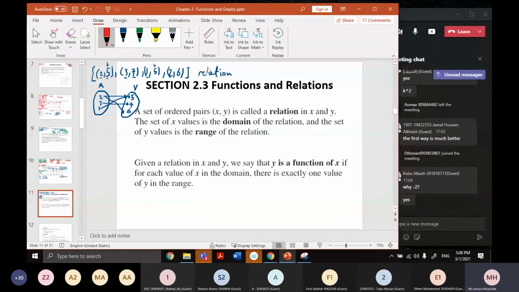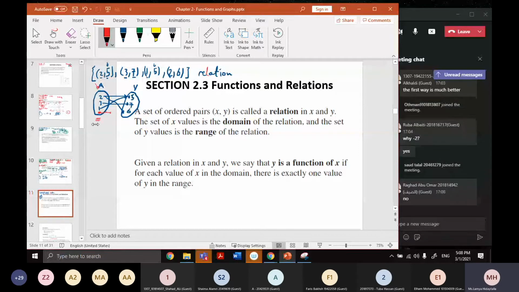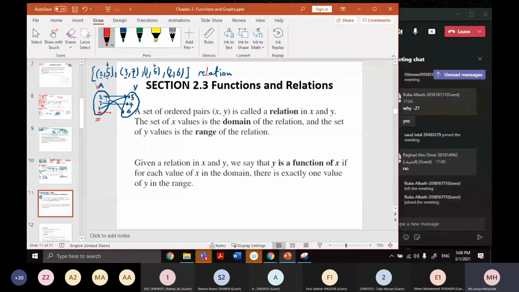Now look, be careful. First, every element here in this set A is mapped. Is there an extra element here that has no map? No, there is not. So every element here is mapped first. Second, the 2 has more than one map.